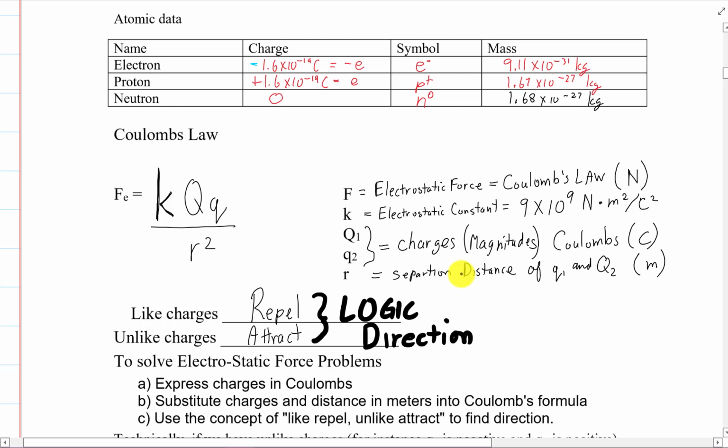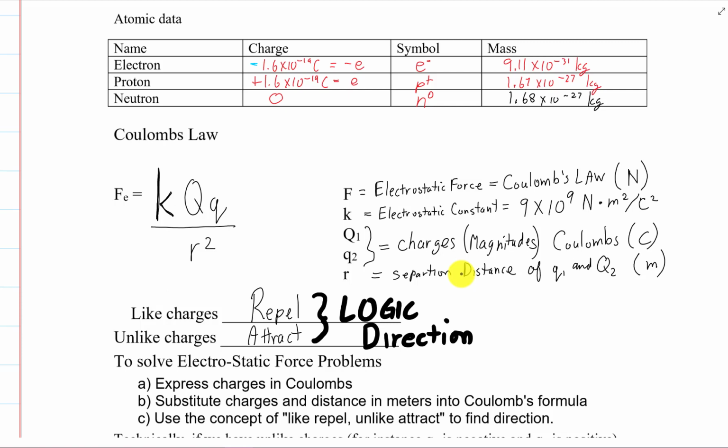Okay. Previously in physics, when we had a negative force, what did that represent? What did the negative mean? Opposite direction. Very good. We're not going to worry about negatives in Coulomb's law.